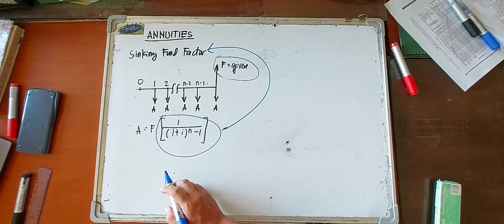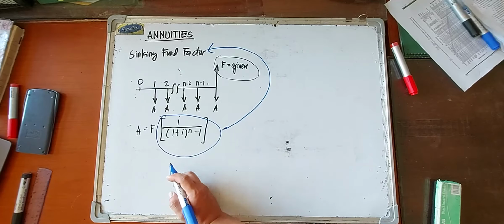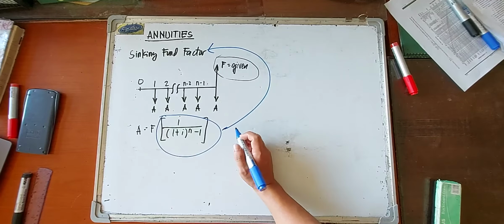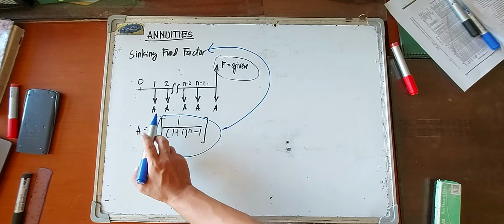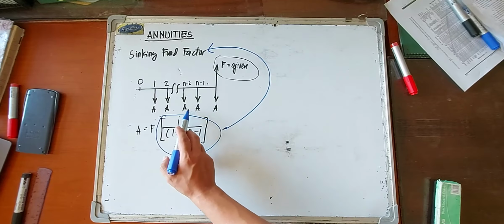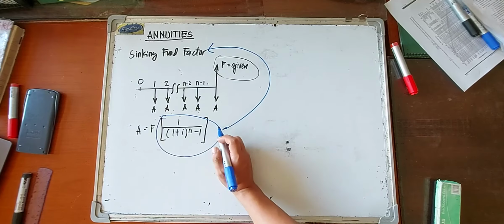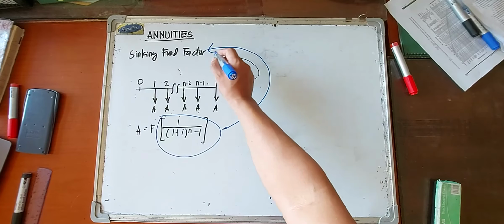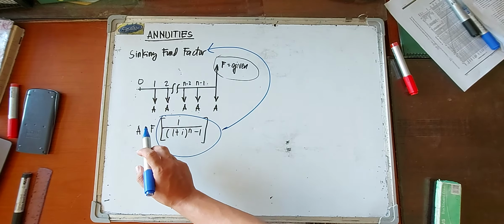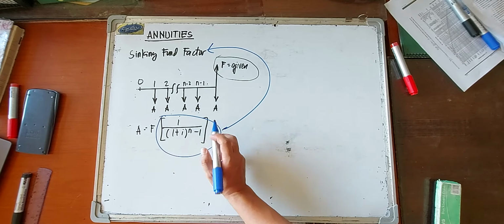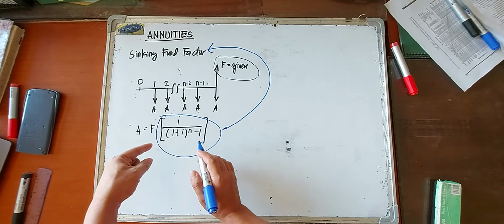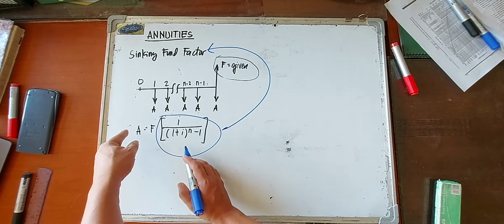Okay, next is what if given itong periodic payments natin, ito series of periodic payments. Okay, what will be the future worth of those periodic payments? So if that is the case, we will simply manipulate this formula.